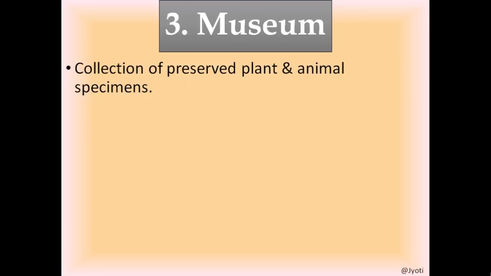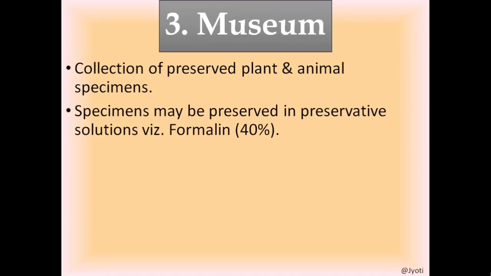So museum is basically the collection of preserved plant and animal specimens. So it is both for plants and animals, but mostly it is made for animals only. And here, like as I said in herbarium, the dead plants are preserved.